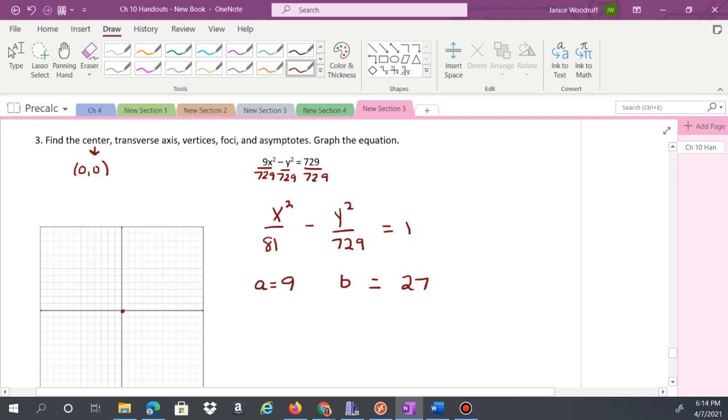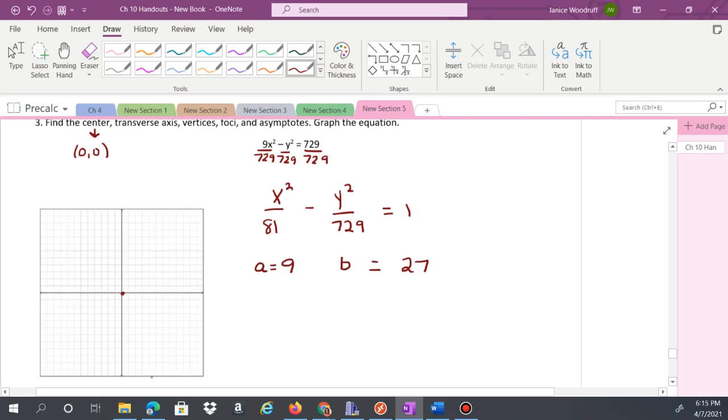This is so large here, I'm thinking about scaling this in 3s. Let's scale it in 3s. All right, so I would go out 9, so 3, 6, 9, so that'd be right here, and then 3, 6, 9, so right here, which means my vertices would be 9, 0, and negative 9, 0.